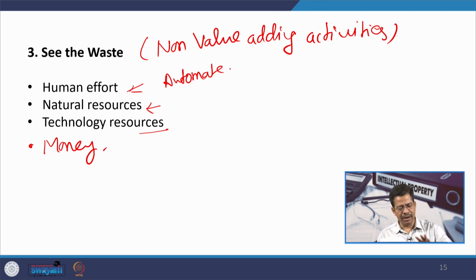Now, you have a large number of mobile apps which are there to manage your wealth. So, what is your income and how you are splitting your income in various activities. So, you have good solutions for wealth management also, because we are not able to see the waste of many things, we are not able to develop solutions to minimize the waste.